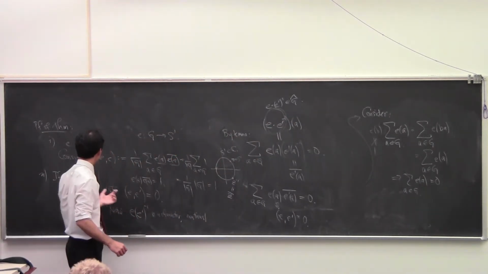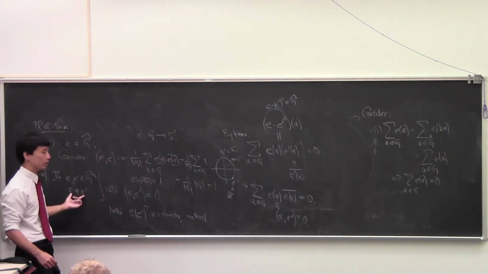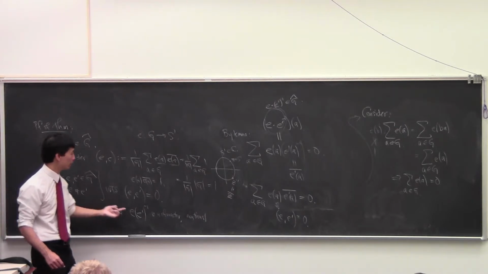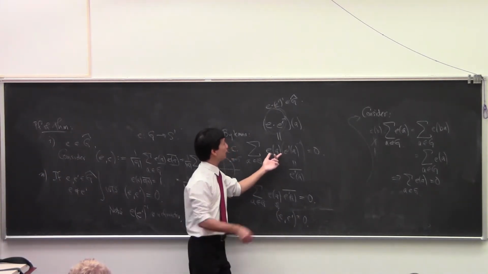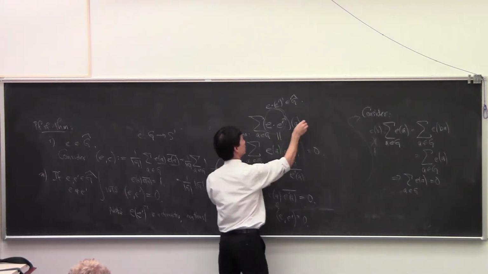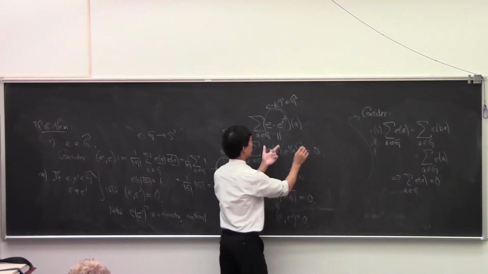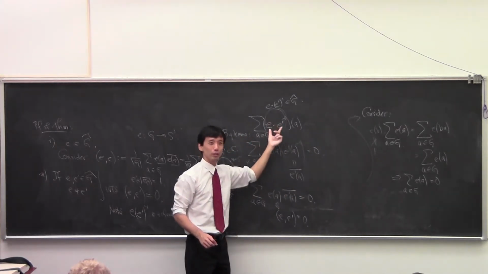And by assumption, it's a non-trivial character. So what we've done here is looked at the integral of this non-trivial character, and we just showed that the integral of non-trivial characters is 0.